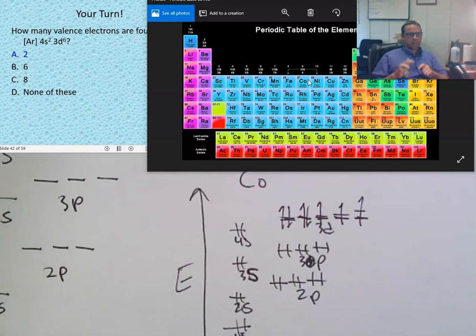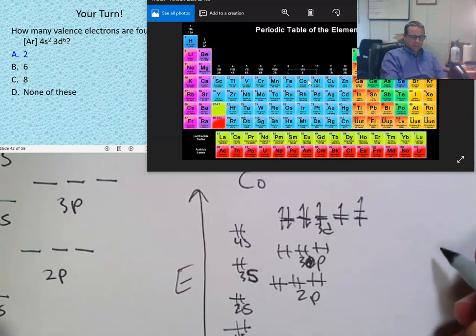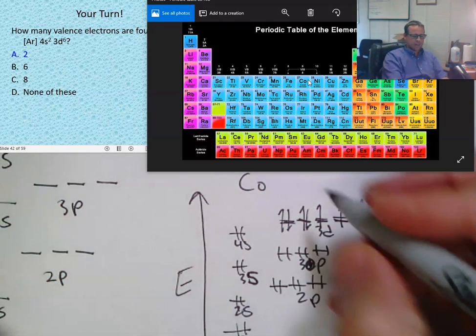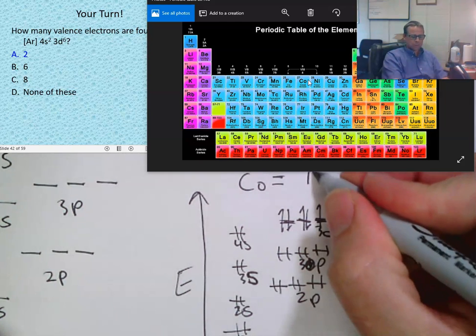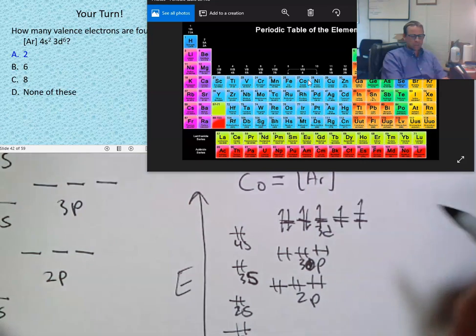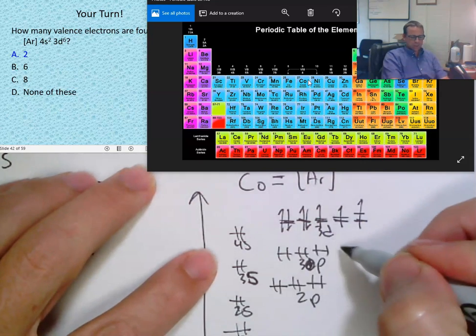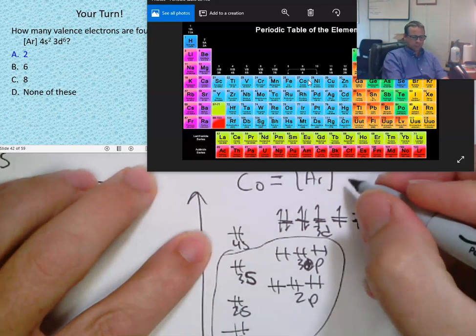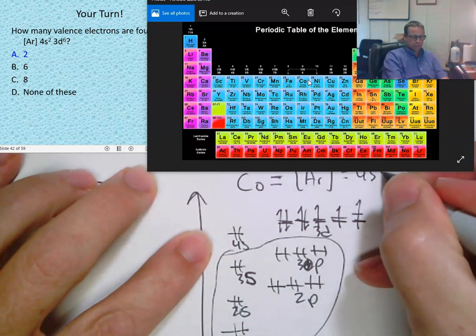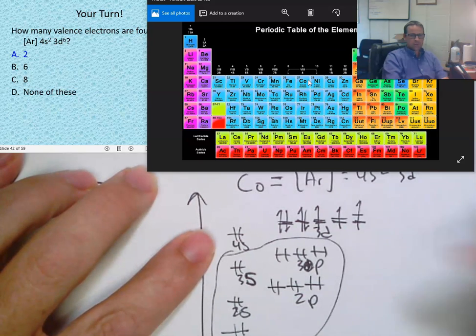Now that we're at this point, we can also make a prediction about the kinds of ions that cobalt would like to form. So the electron configuration for cobalt, right? We got an argon core, and this is the argon core, this little bit right here. And then we have argon 4s2, 3d6.